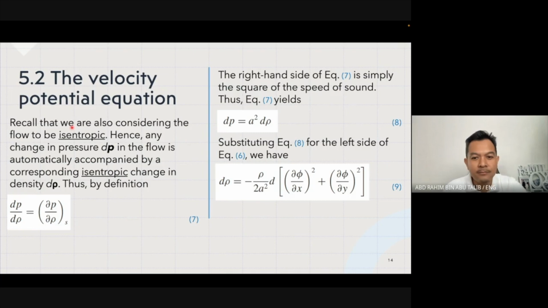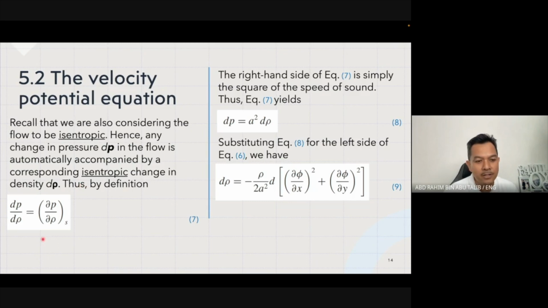Recall that we are also considering the flow to be isentropic. All right. So hence, any change in pressure dP in the flow is automatically accompanied by a corresponding isentropic change in the density, d rho.